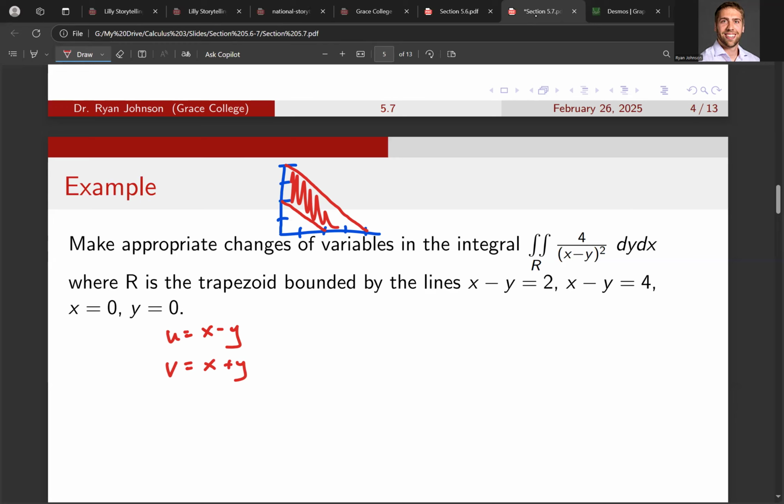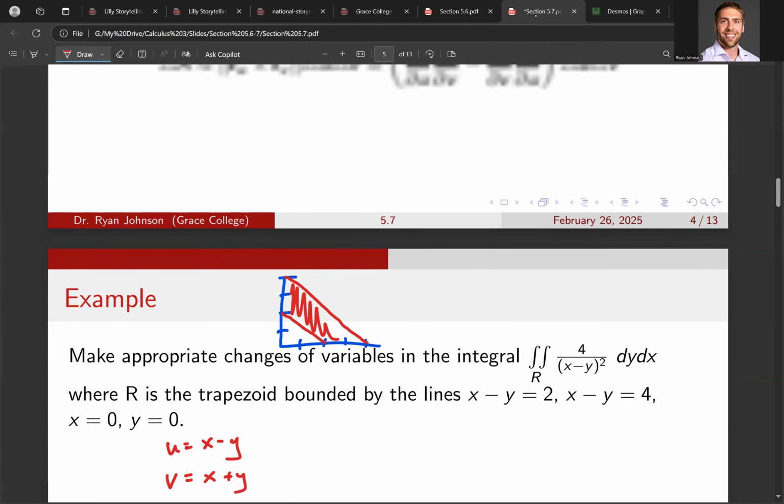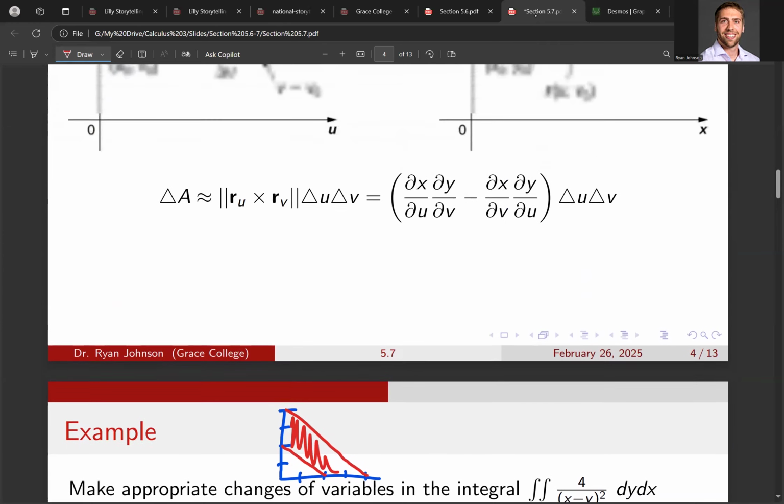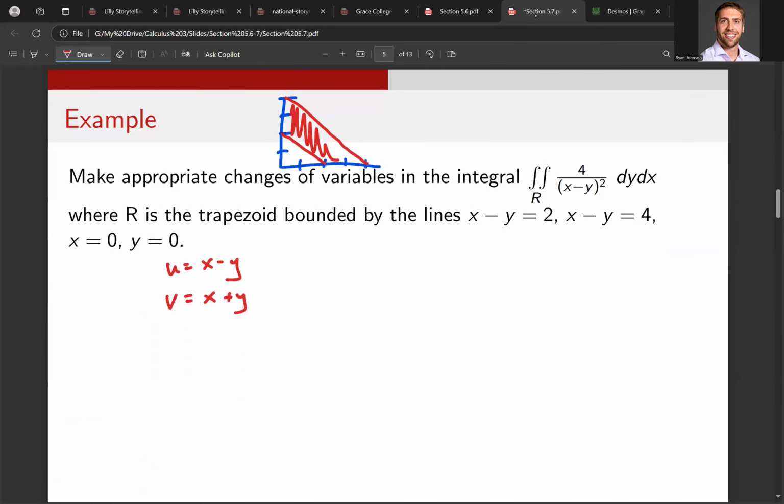So then, if we do this sort of substitution, then we need to solve in terms of x and y in order to compute the Jacobian.